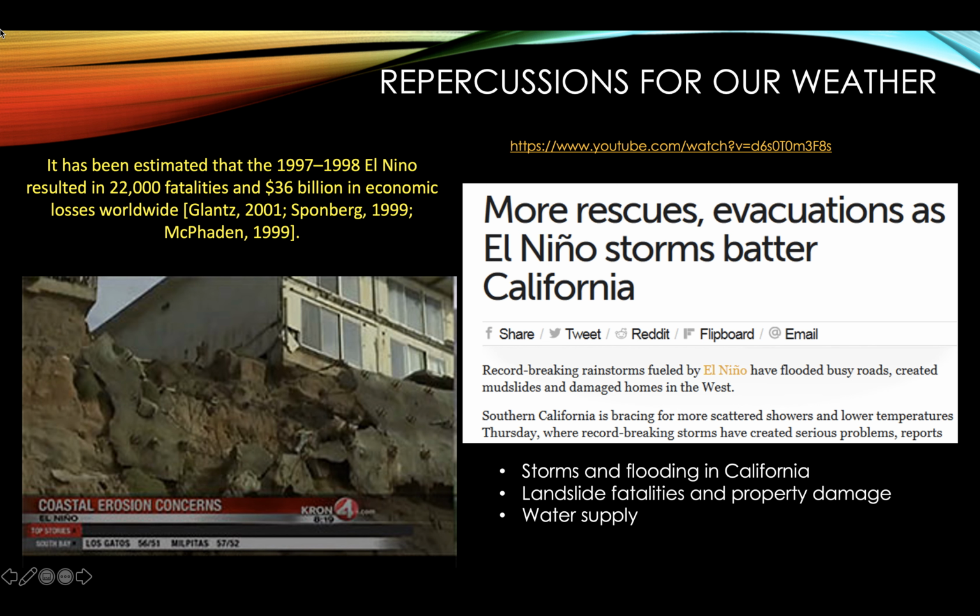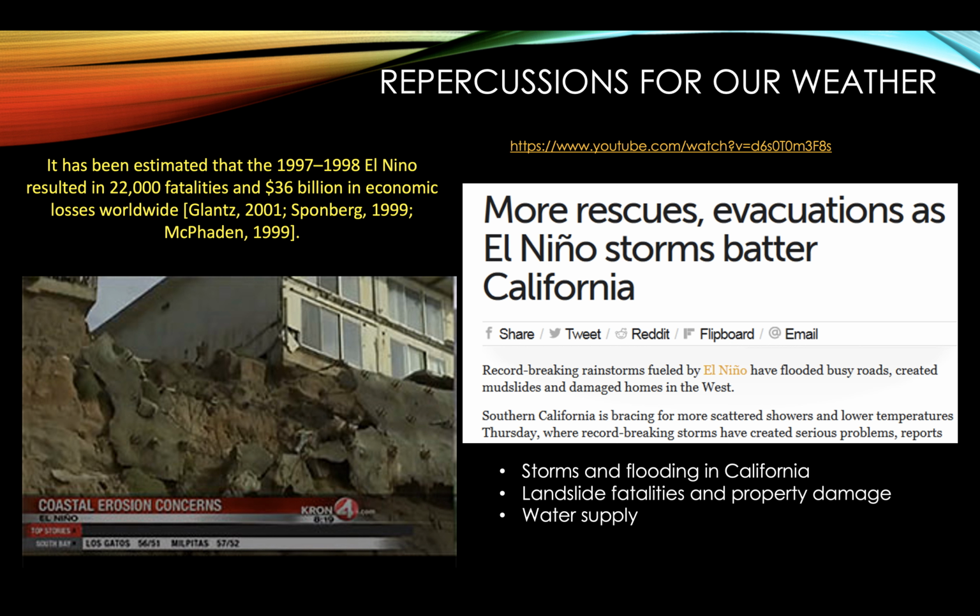And for our local corner, right, we know that California storms are a huge problem because we have a summer season where we see a lot of fires, and that's the clearing of all of that vegetation. But then when we get a lot of flooding and we get these storms associated with El Nino, it brings up all that soil and loose regolith and tree debris, and you can get debris flows and landslides that will take out houses.